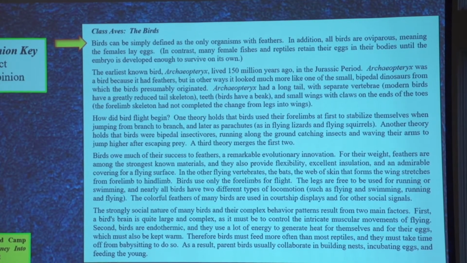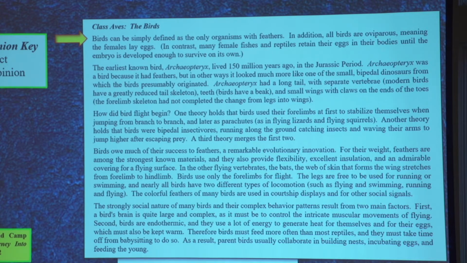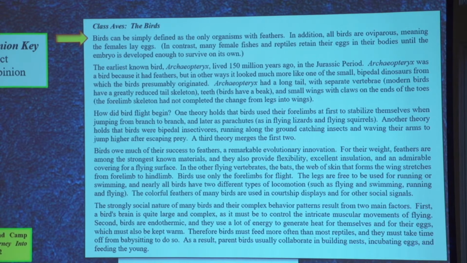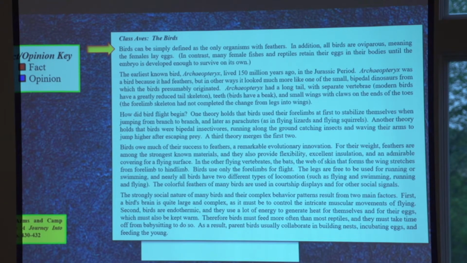Students would have to take 2 colored pencils, and seniors actually like using colored pencils and puzzles and different things like that. But their job is to read this article out of their textbook, some of the things that I took out of their textbook, and see whether they knew the difference between a fact or an opinion.